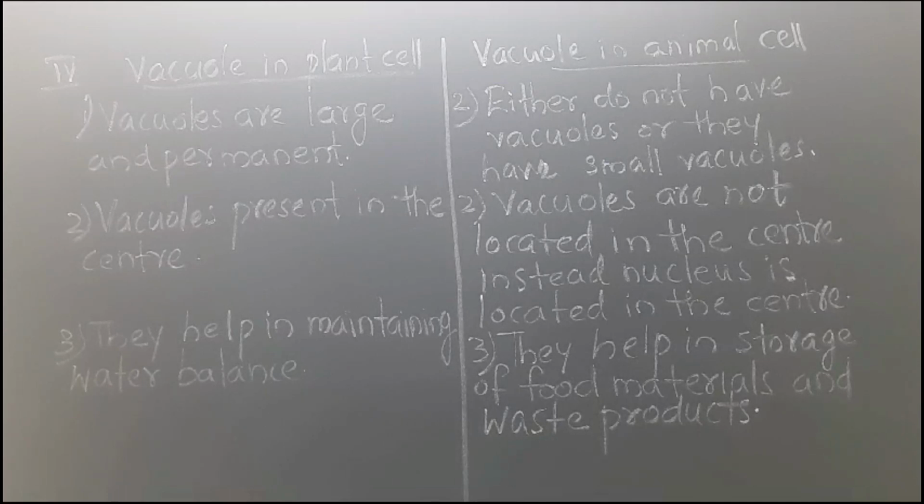Third point, they help in maintaining water balance in plant cells. In animal cells, vacuoles help in storage of food materials and waste products. These are the three differences between vacuole in plant cell and vacuole in animal cells.